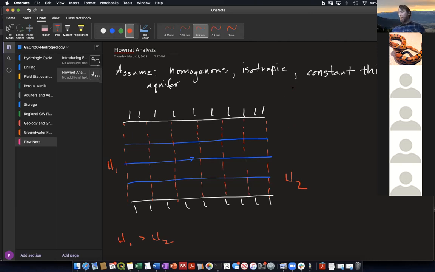Okay, so this is my basic flow net. What I want to do here is add the third dimension. So I'm going to try and draw the dimension in and out of the screen here. And this is the thickness of our aquifer. So this would be B, this distance here. This is the thickness of my aquifer.